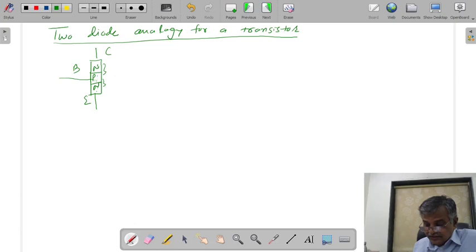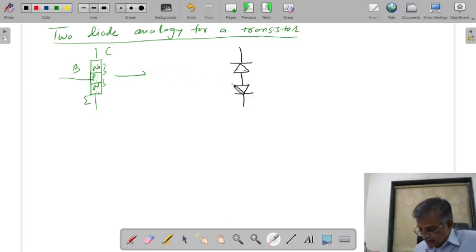The same things I can draw here, like this: one PN junction, second PN junction. It means this transistor can be represented by two diodes. Therefore, this term is used, two diode analogy. A transistor can be represented by two diodes.